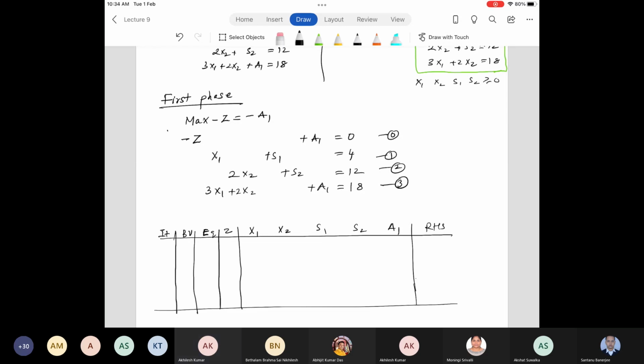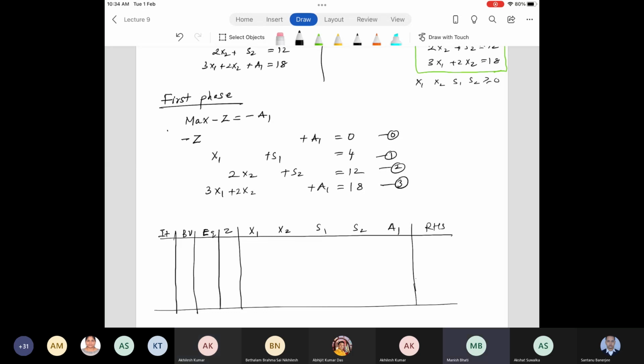Sir, we need to add an artificial variable in equations 1 and 2 also. No? Why do we need it in equations 1 and 2? Because we are making these equal to 4 and 12, so we are changing the sign. No? I have already added a slack variable to make it an equality. Okay, sir.